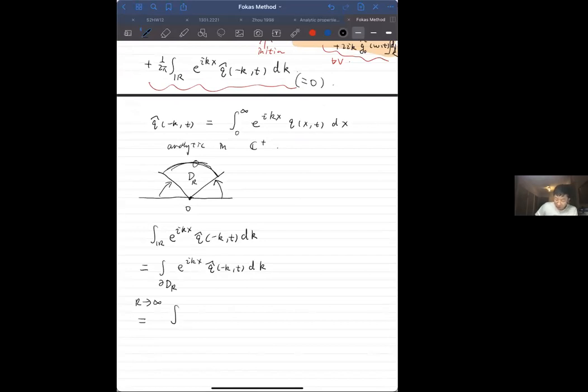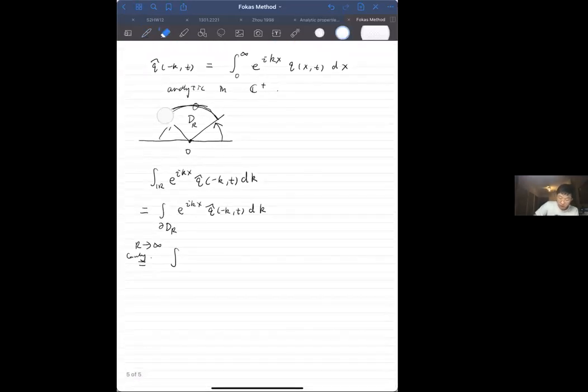Here is the Jordan theorem. It will transport to the arc. So sorry, the integral on this contour will transport to the integral of this contour. So the first one is here, so this will deform to this one, and this contour will deform to this arc because it's analytic on the upper half plane.